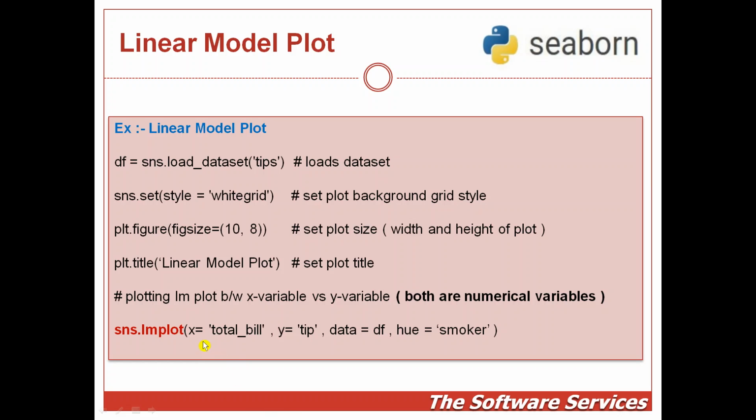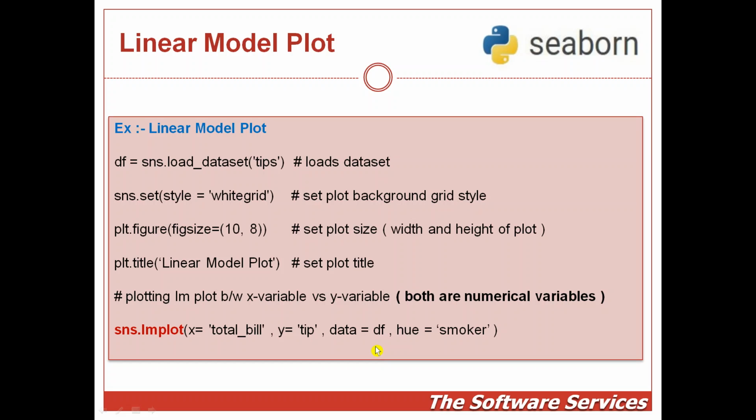Same as we saw in the regression line plot, on the x-axis we are providing the total bill column as the input data, and on the y-axis we are providing tip as the input data. This data is available in the df variable that was in turn loaded from the inbuilt data set called tips from the Seaborn library.